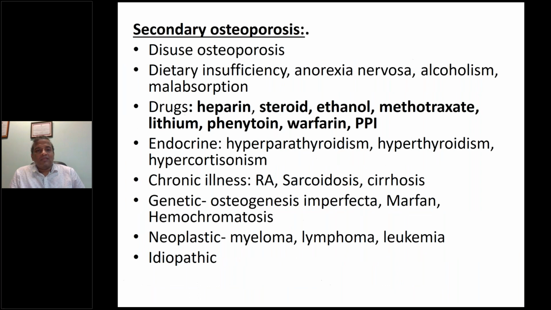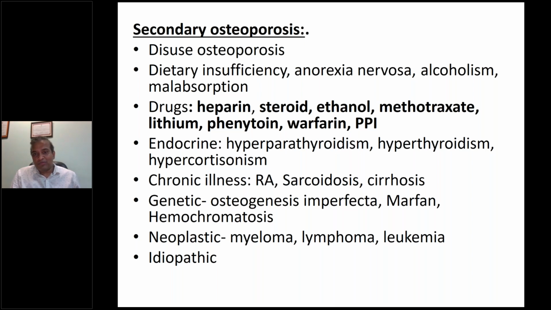Secondary osteoporosis is more diffuse because cortical and cancellous bone are both affected. It is associated with dietary causes, anorexia nervosa, alcoholism, malabsorption, and drugs like heparin, steroid, ethanol, methotrexate, lithium, phenytoin, warfarin, and also PPI, proton pump inhibitors.